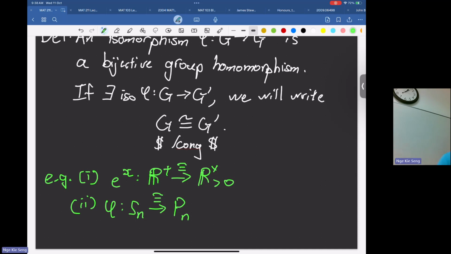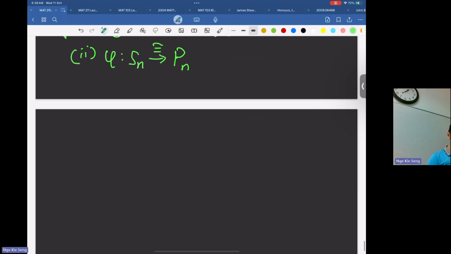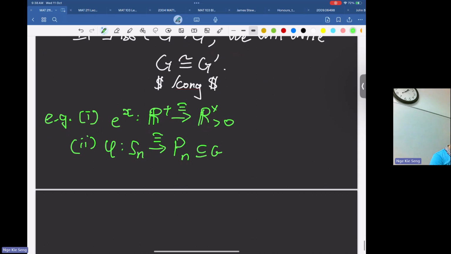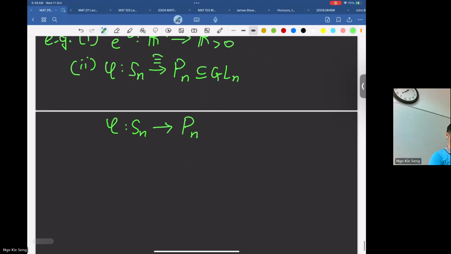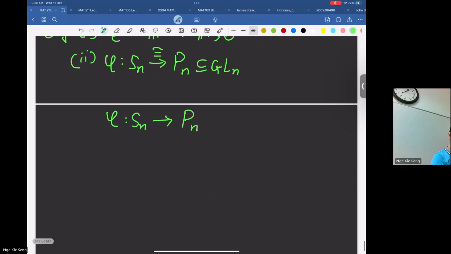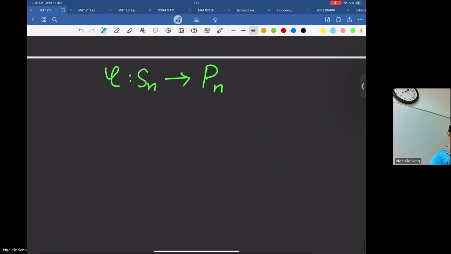Let me try and write down what I'm trying to say. I gave you a way of going from Sn to Pn. Do you still remember the way? Do I need to describe it again?